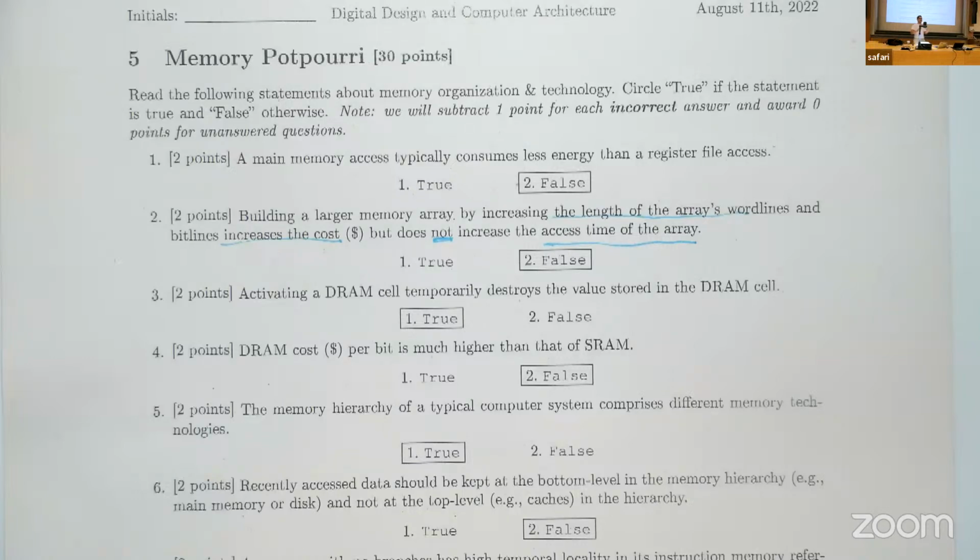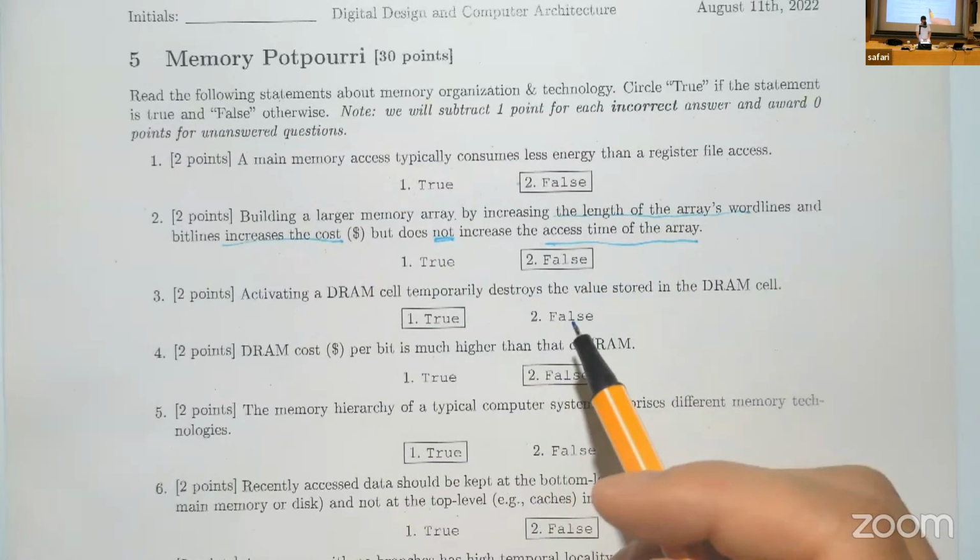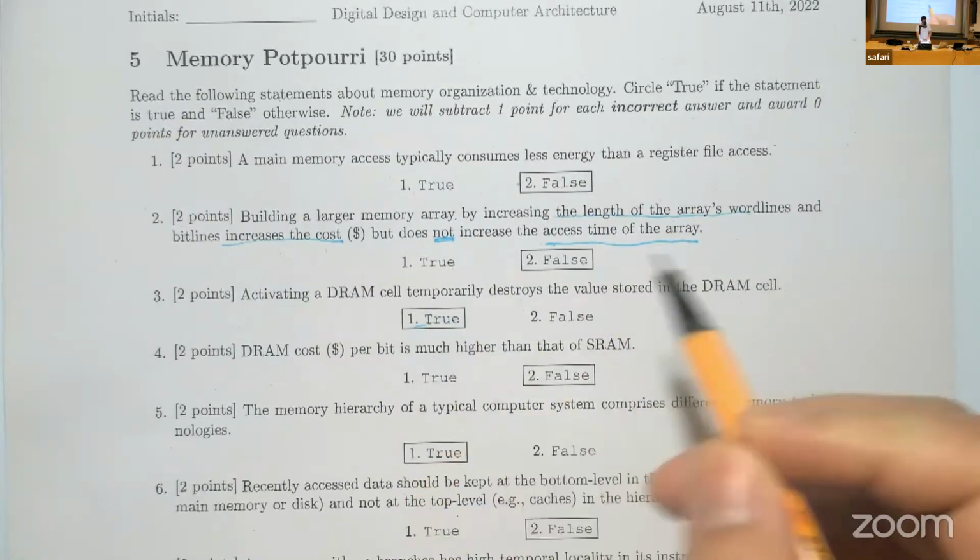The charge level in the cell is no longer as it was before we accessed it. But if you wait a little longer, the sense amplifiers will be enabled and then write the value back to the cell. So temporarily the value is destroyed, but it will be written back. That's why this is true.